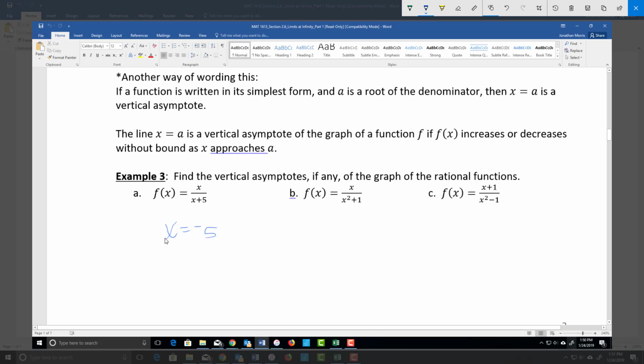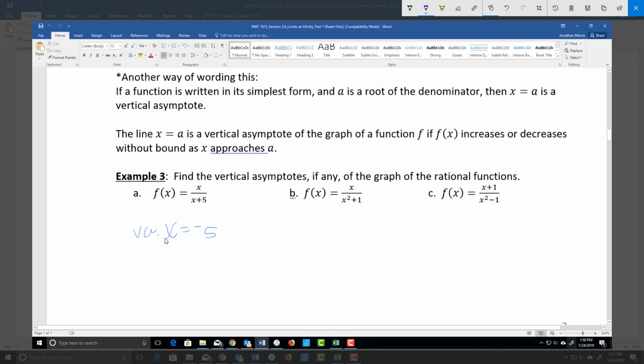Now, right here on this function, x divided by x squared plus 1, the function is in its simplest form already. There's nothing I can do to cancel anything out.